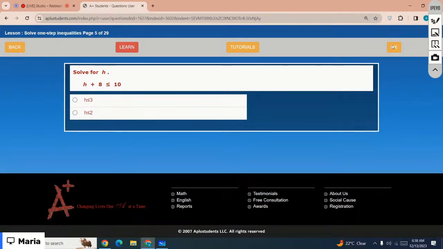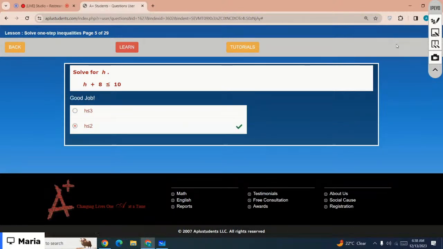The correct option is option number 2, that is h is less than or equal to 2. Very good.